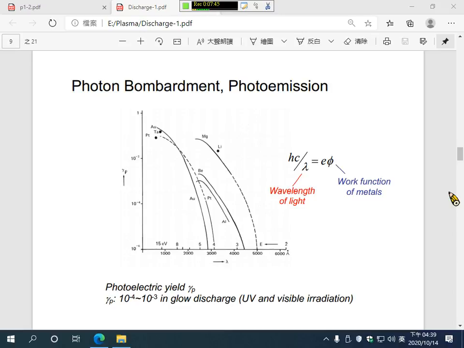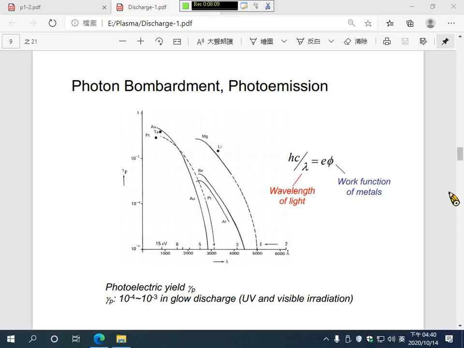And in this part, when the electrons overcome the work function barrier, they can be emitted. Again, this is also a free electron, escaping from the solid surface.